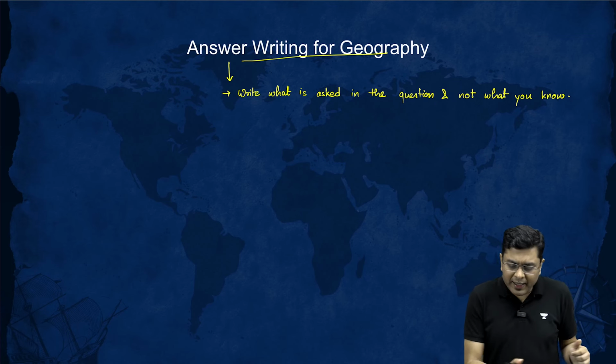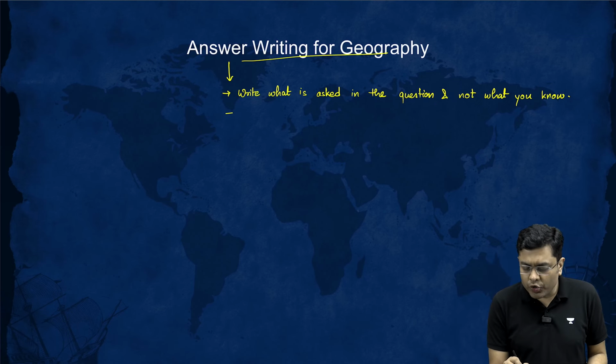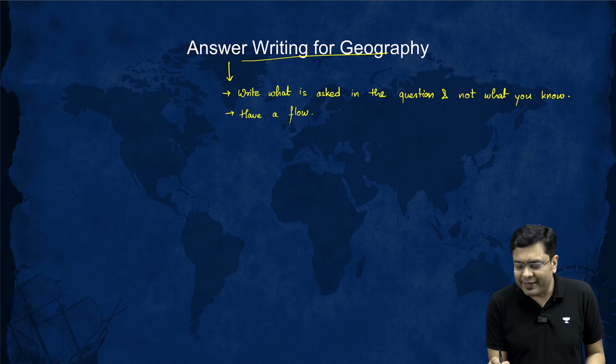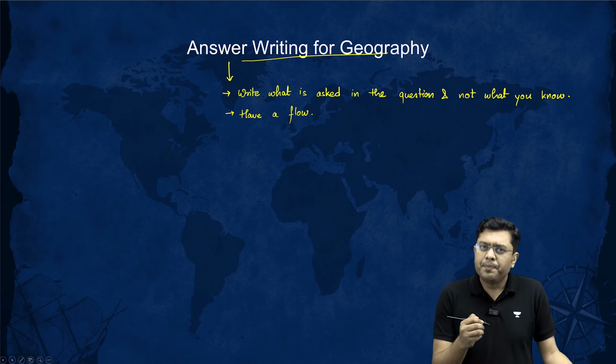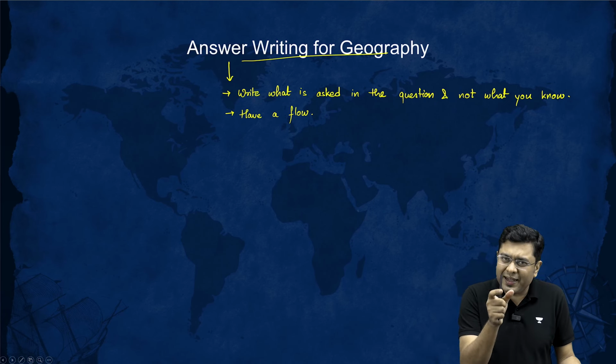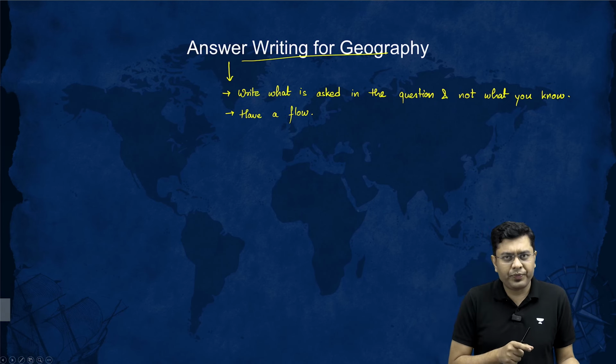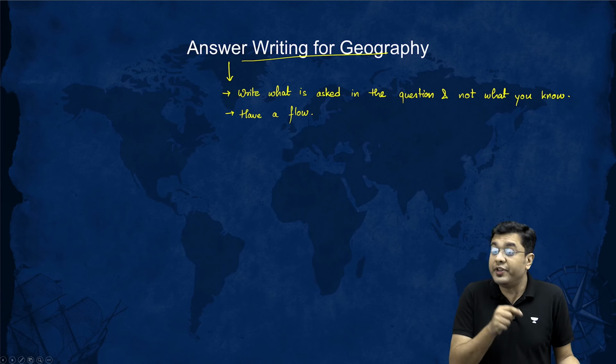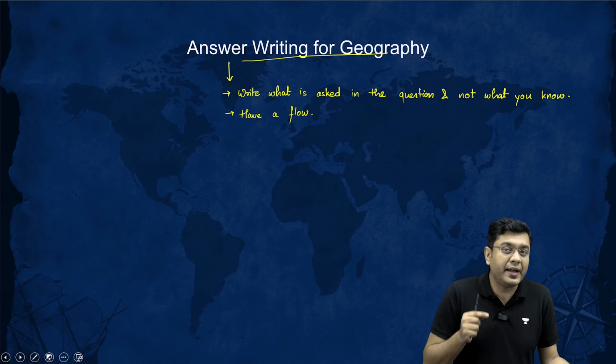Then, another aspect, the answer should always have a flow. What do we mean by that? This is simple. Basically, the introduction should direct the main question. Now, this does not mean that you start repeating it.